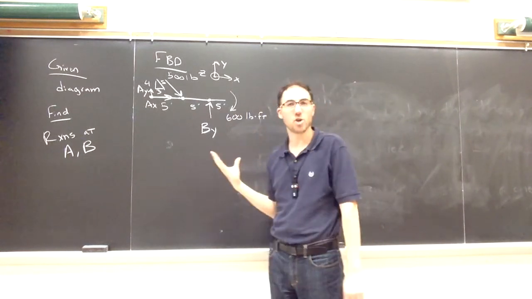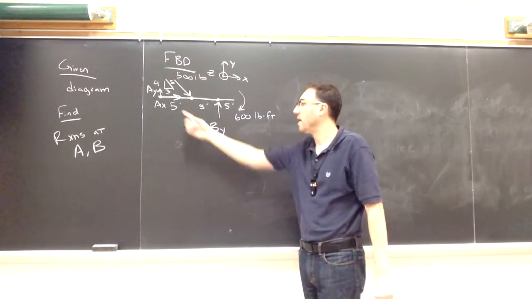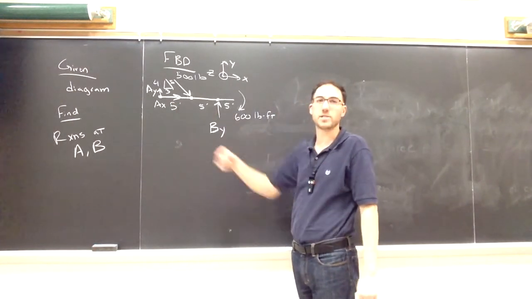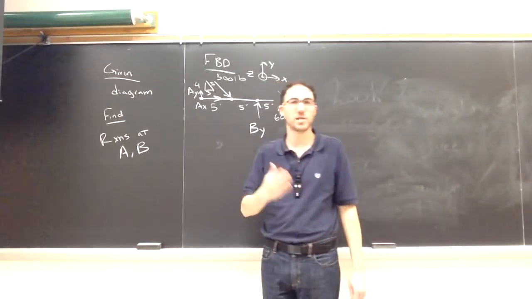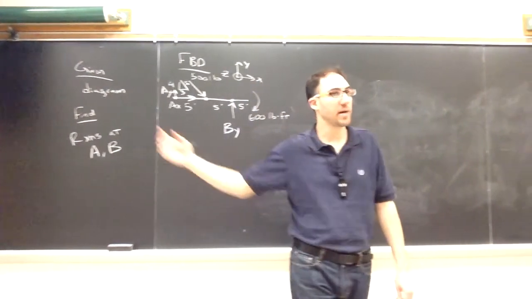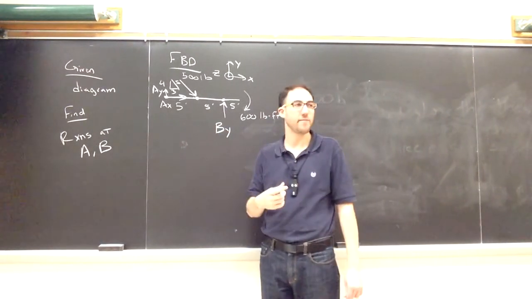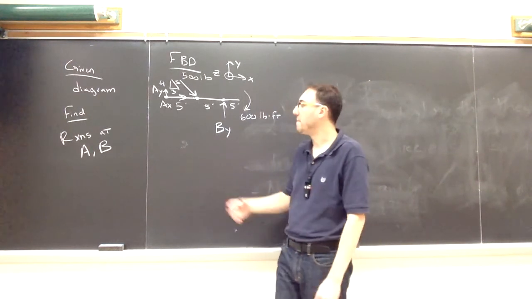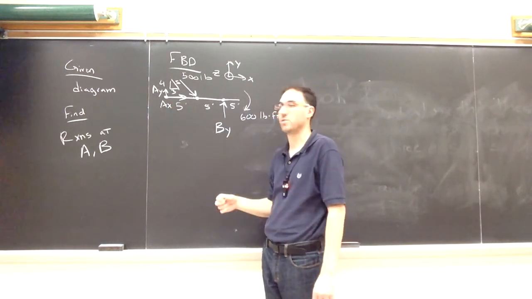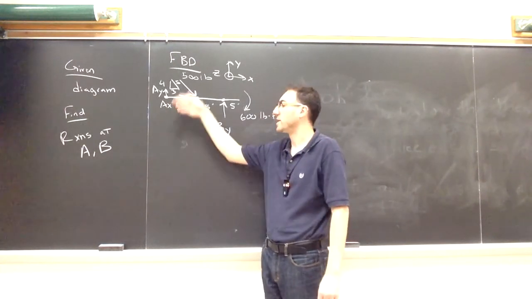It's just how I interpret my results is going to change a little bit. Positive from a support is going to mean that your assumption was correct. A negative value just means that your assumption was wrong. For something like a pin or a roller, you can't interpret positive and negative like you do for a cable. It doesn't mean tension or compression. It means your assumption was right or your assumption was wrong. So the pin is not going to be in tension or compression. It's just in some direction.